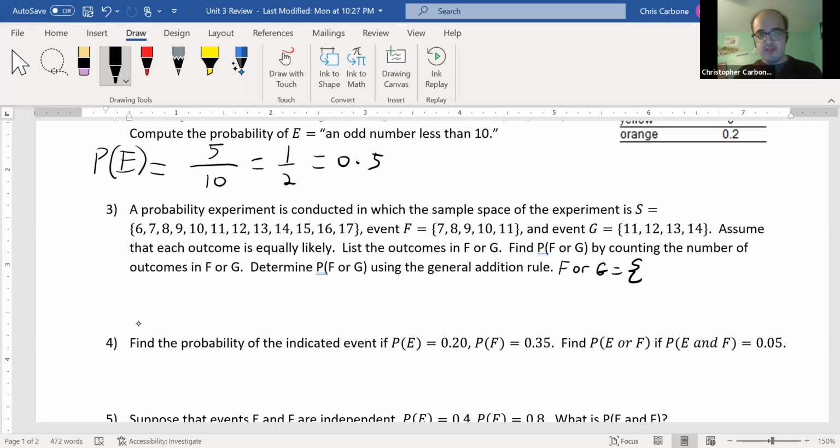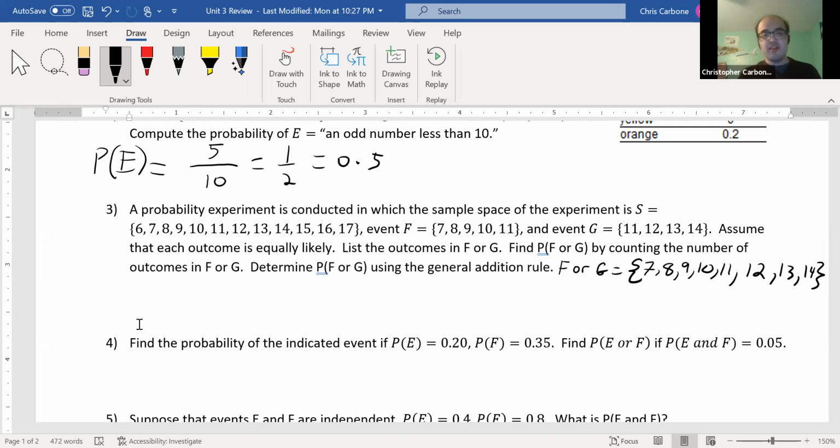All the outcomes in event F are 7, 8, 9, 10, and 11. And then the remainder from G without repetition: 12, 13, and then 14.